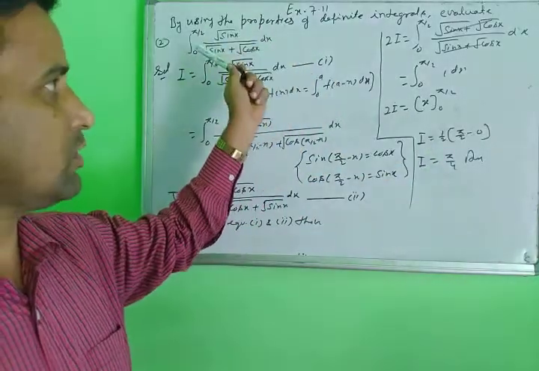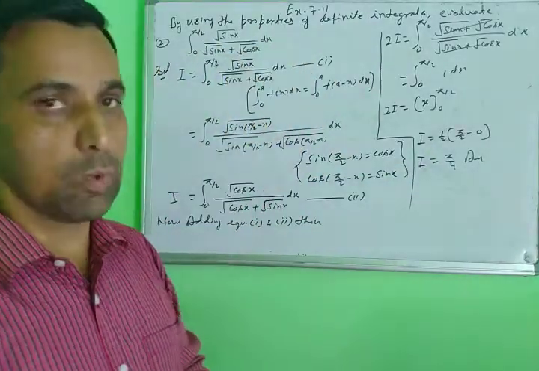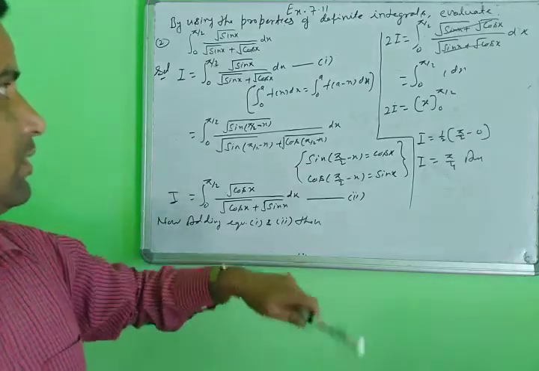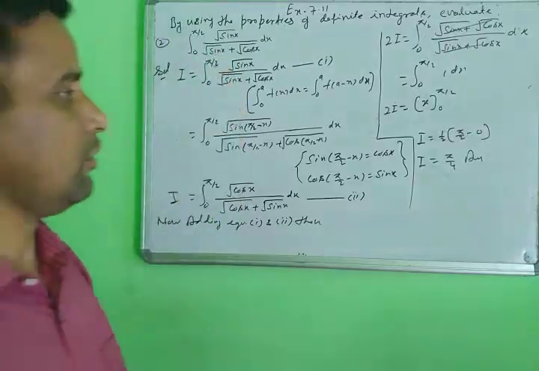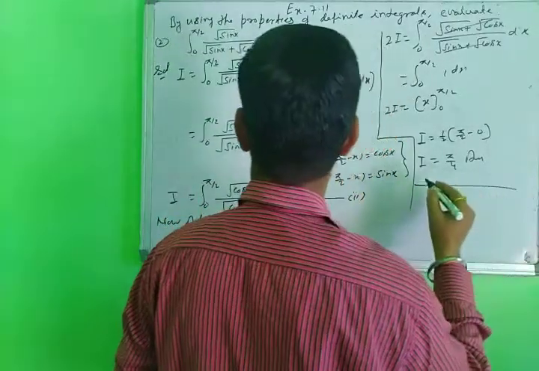Suppose you solve this question in the simplest form without any property. How to solve it? First of all, you will rationalize this. How to rationalize this?